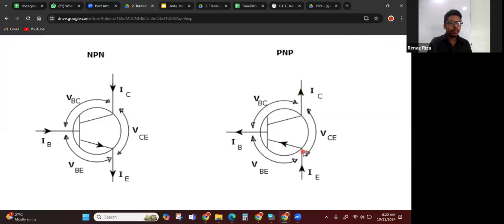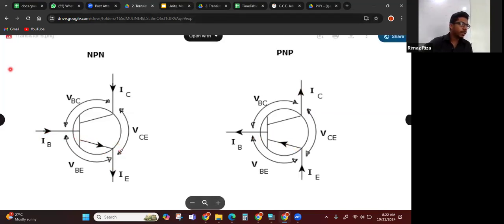Here the arrow is pointing from P to N, and current is always from P to N. So you should be able to mark these currents properly. Now this is P and this is N. Therefore, current will flow from this P to N, so the current will be in this direction.